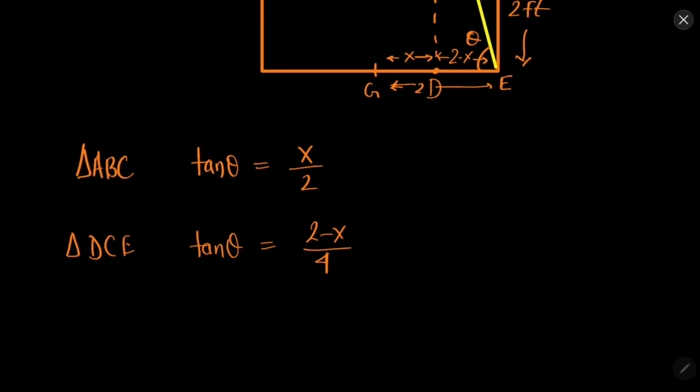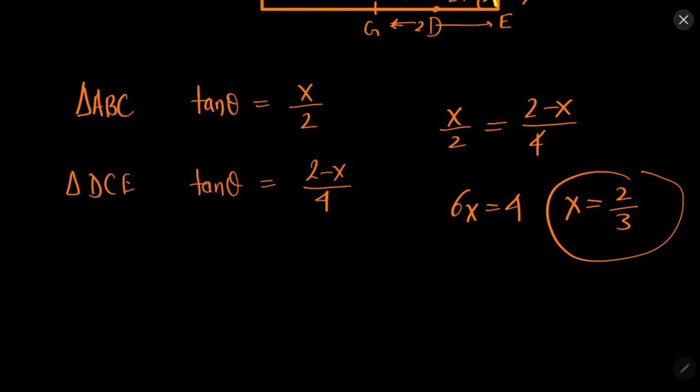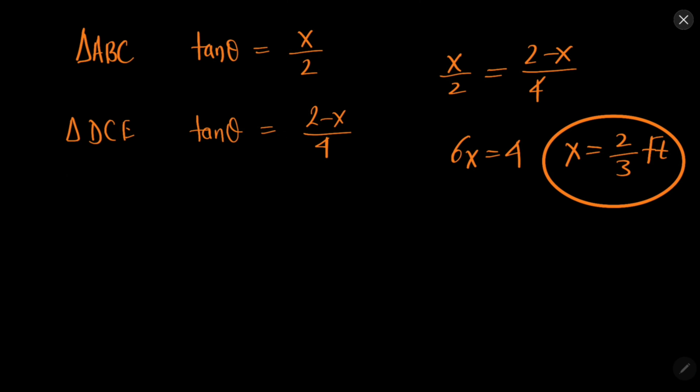Now these angles will be approximately equal, so x by 2 equals (2 minus x) by 4. So from here we will get 6x equal to 4, so x will be equal to 2 by 3 feet. So we have got x.